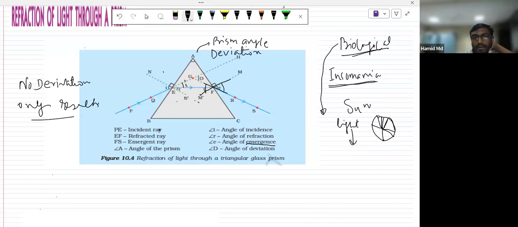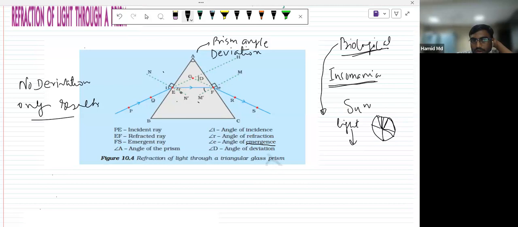When a ray comes from a rare medium to a denser medium, the ray will bend toward the normal. Do you know this? Everyone is aware of this? Yes, sir. So light is bending toward the normal. This is the normal.